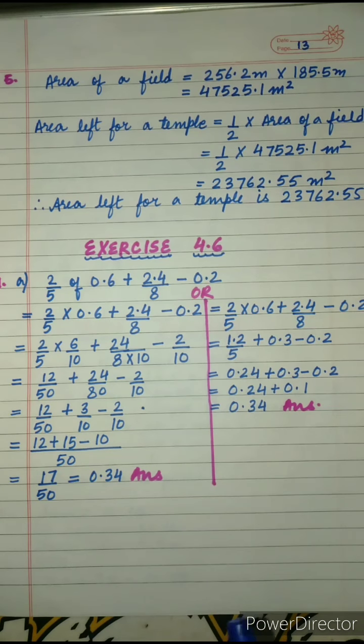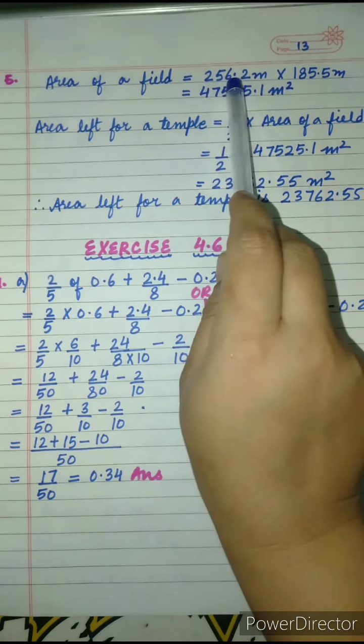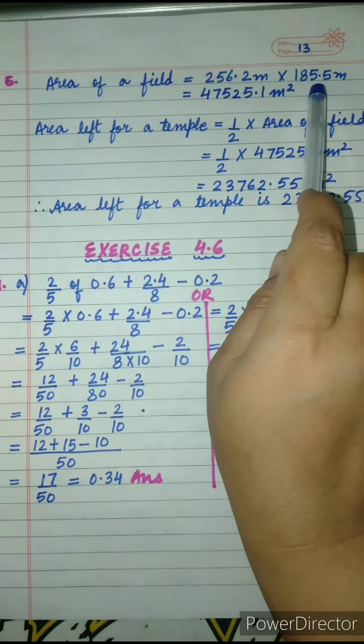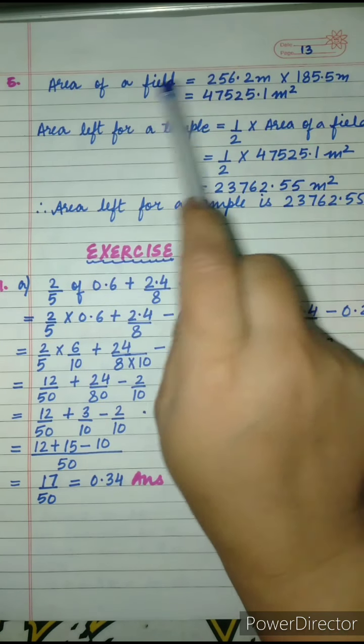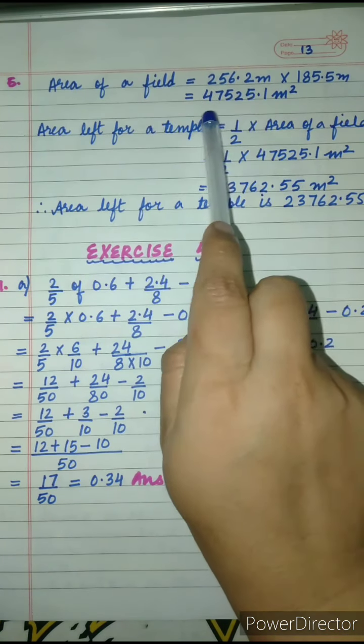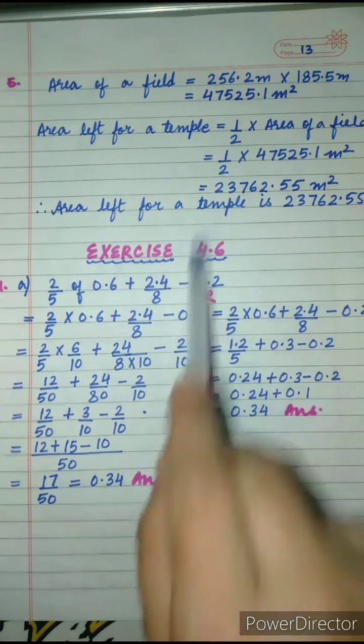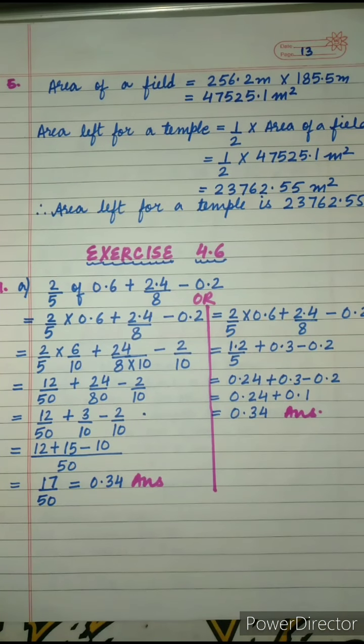Now question number 5, we are given the area of a field is 256.2 into 185.5, that is this is your length and this is your width. So we find the area of the field as 47525.1 meter square, and we are saying that the area left for a temple will be half of the total area of the field.